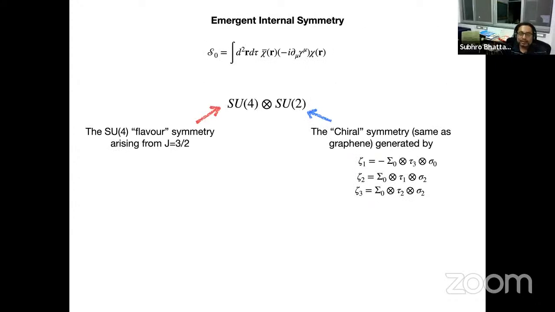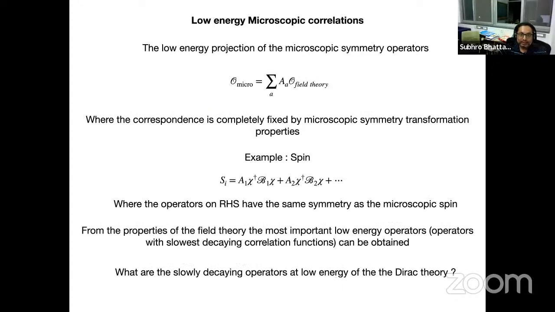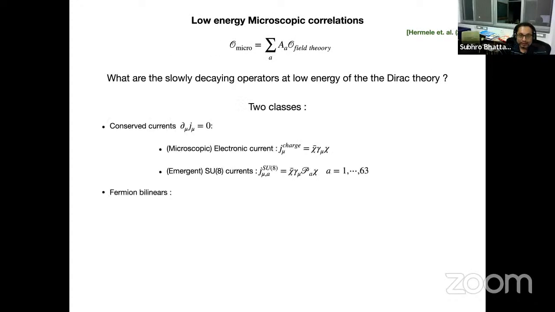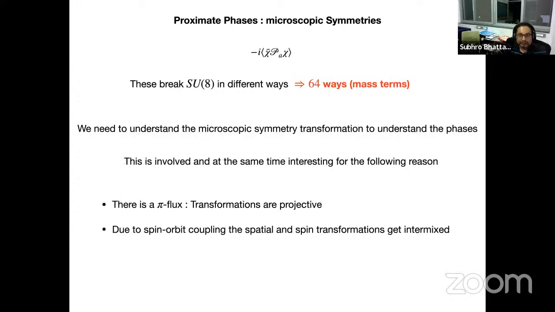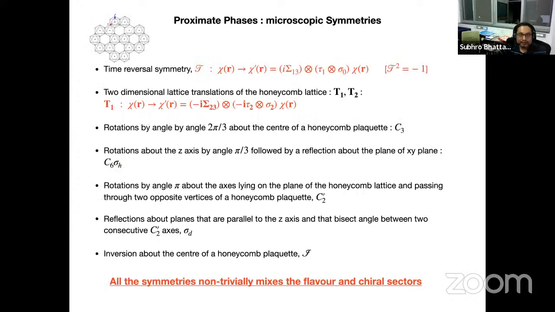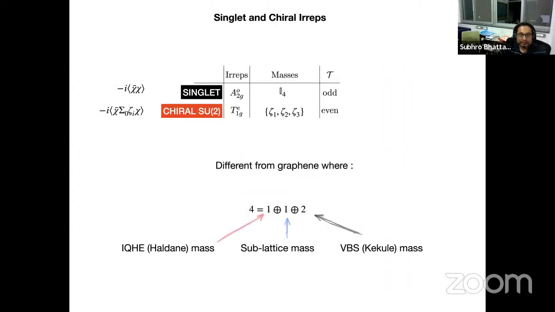The other thing is how the symmetries are implemented on these spinors. Okay. So in particular, if I look at these masses, the SU(4) is irrelevant because they're diagonal in SU(4).